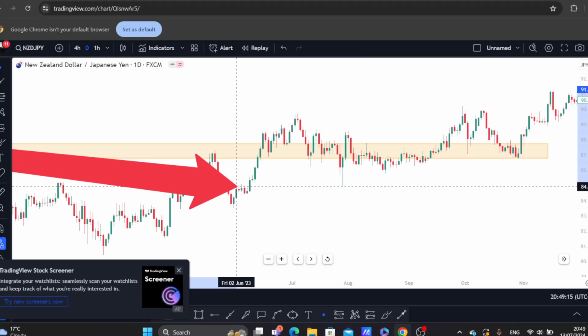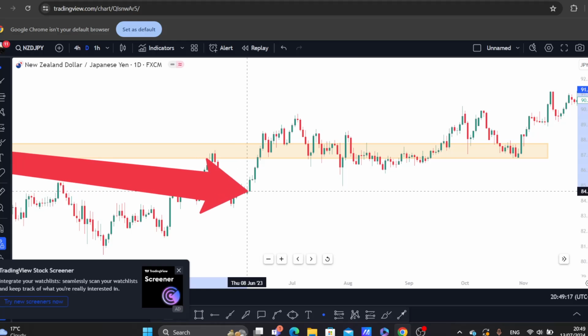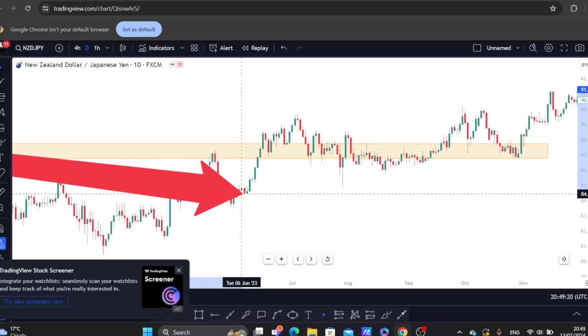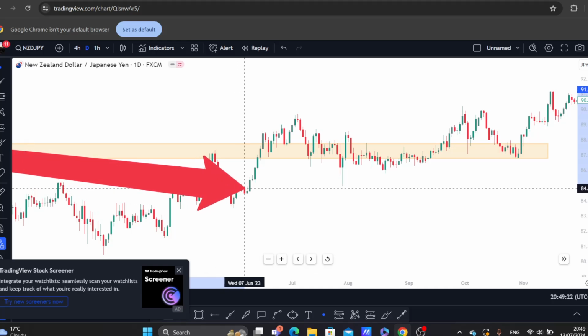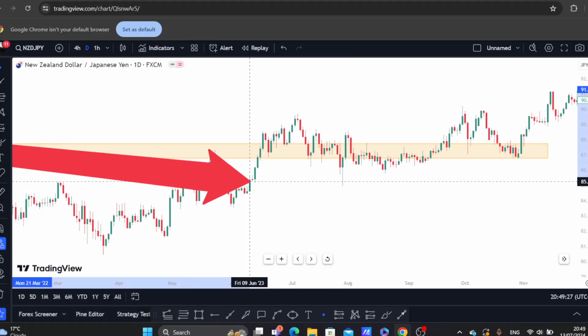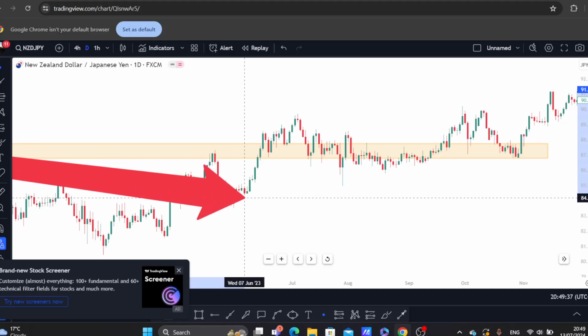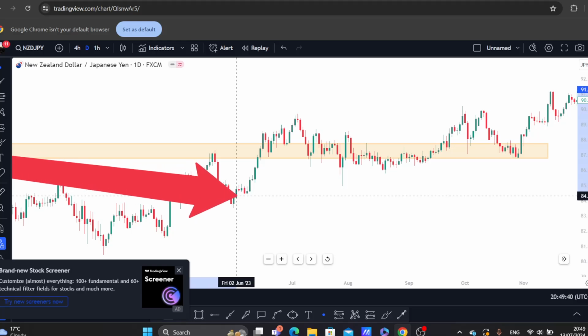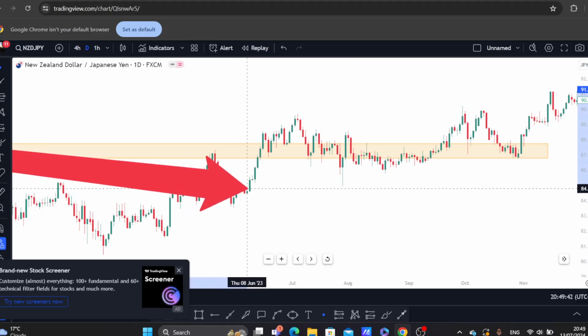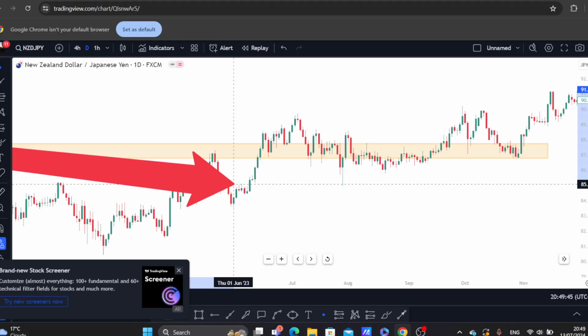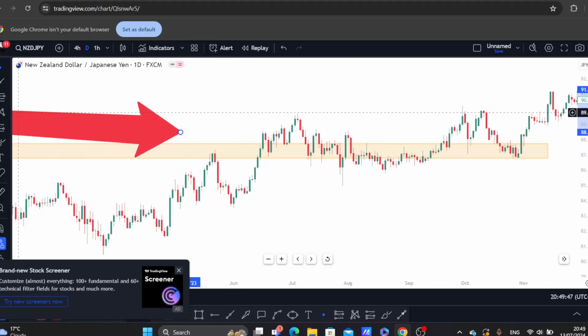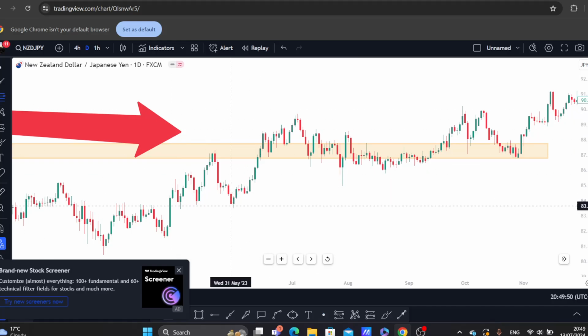The market went sideways, and then we pushed up again. So right here is the demand zone that is a continuation type of demand zone.